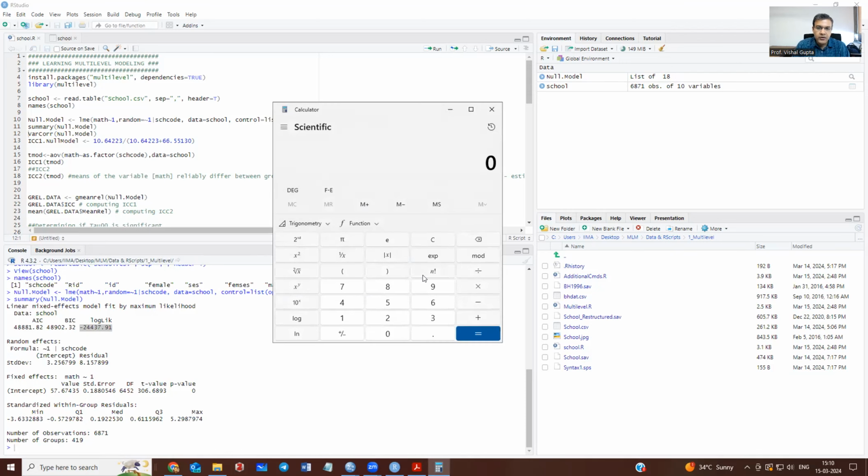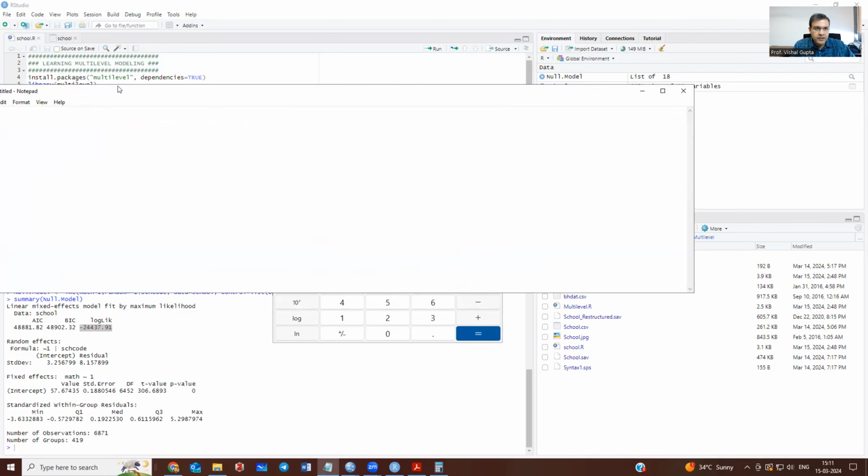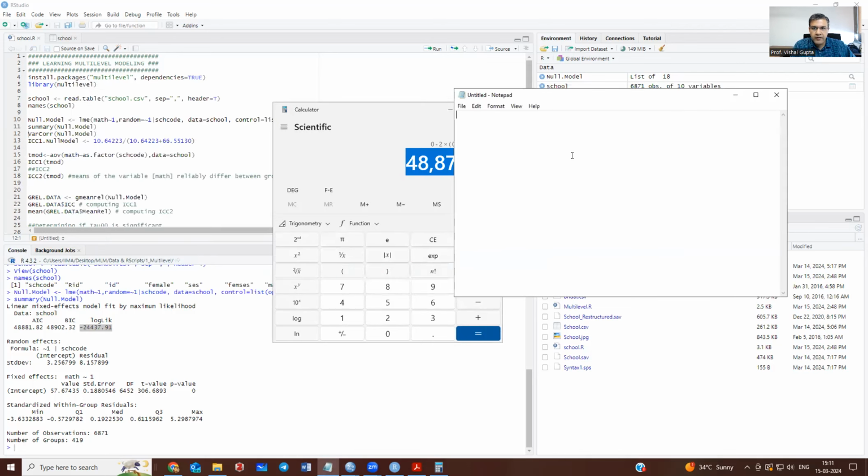The deviance is going to be minus 2 multiplied with minus 24437.91. So your deviance is going to be 48875.82. Let me make a note of this so that we can also check when we will be comparing.